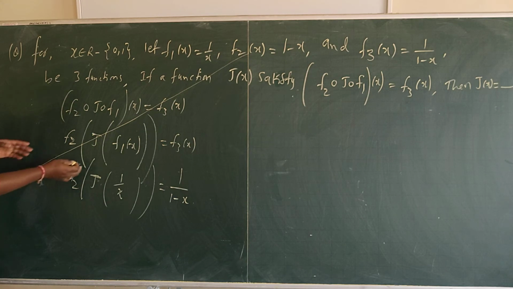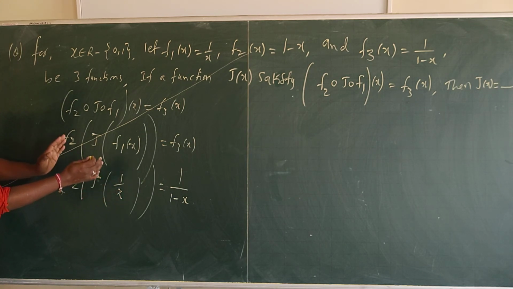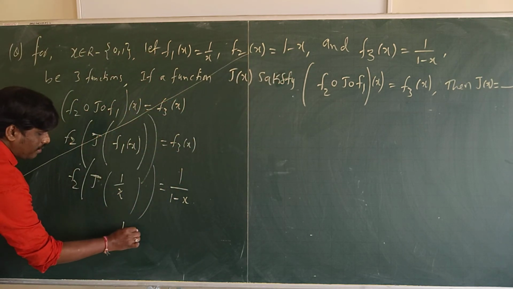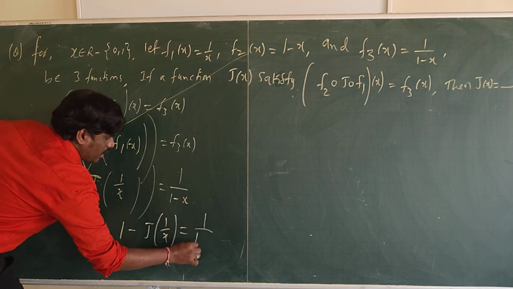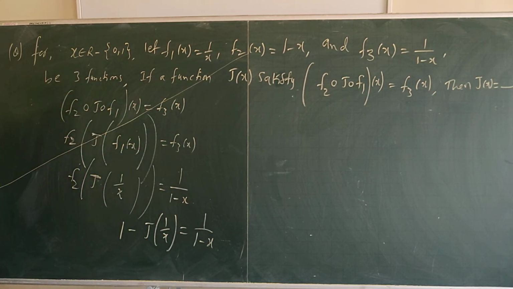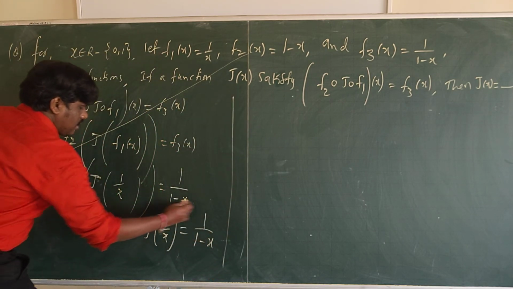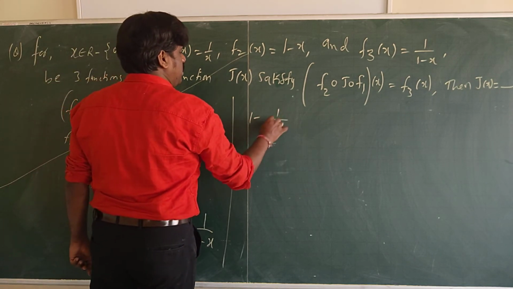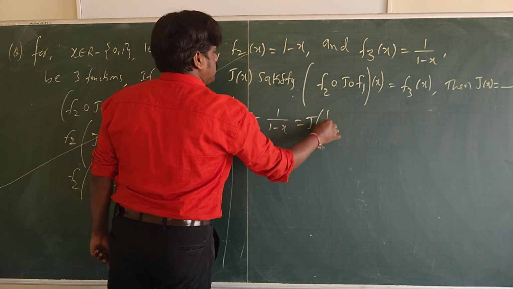Here f2 inside is g of 1 by x, it acts like 1 minus x. So I can write 1 minus g of 1 by x, and that is equal to 1 upon 1 minus x. I need to find g of x. Simple. Send this to this side and that to that side. You get 1 minus 1 upon 1 minus x is equal to g of 1 upon x.